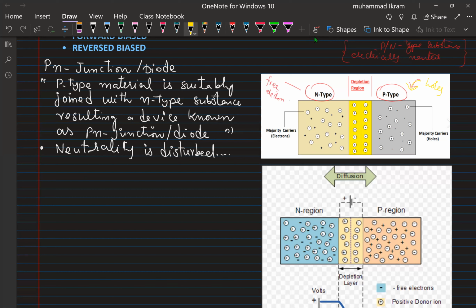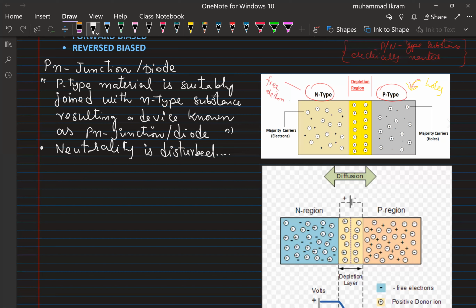So at the junction, the holes and the free electrons diffuse across the junction. Some of the free electrons will cross to the P side, leaving behind a positive charge layer here and a negative charge layer here.